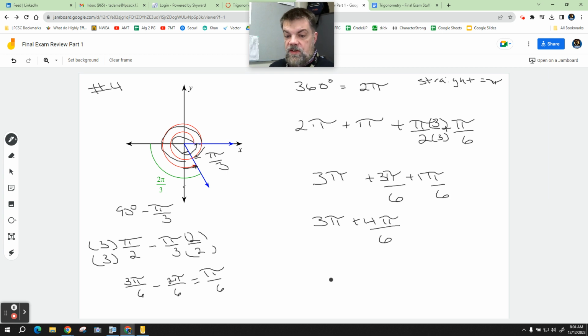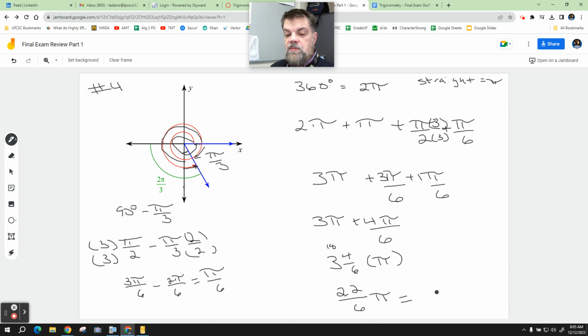So I want you to think in terms like this. This is the same as 3 and 4 over 6 times pi, if I factor out the pi. So I'm going to make this an improper fraction by multiplying 6 times 3, which is 18, plus 4 is 22 over 6 times pi.